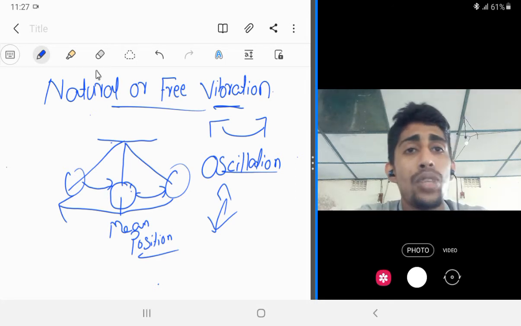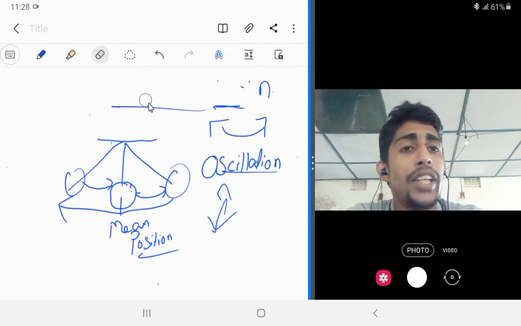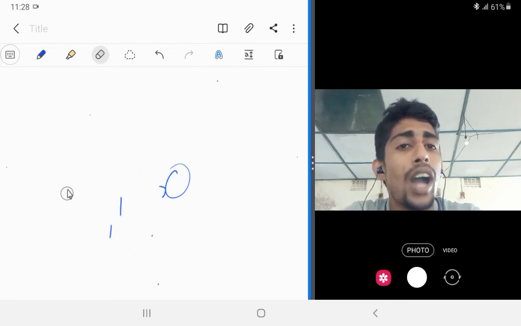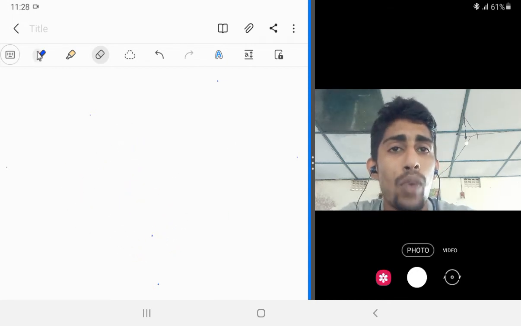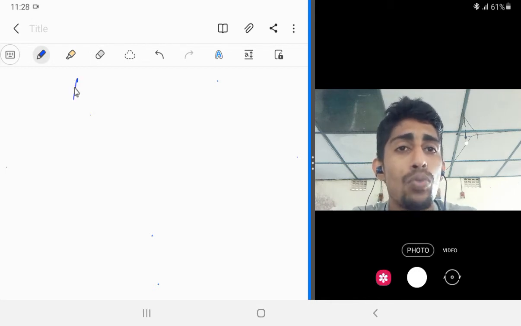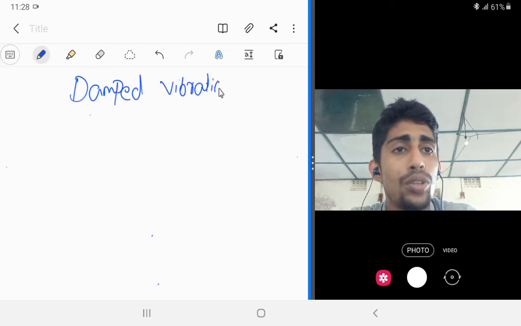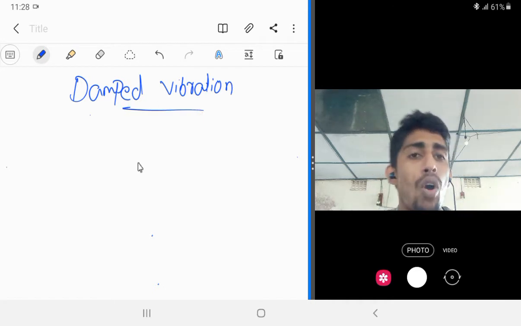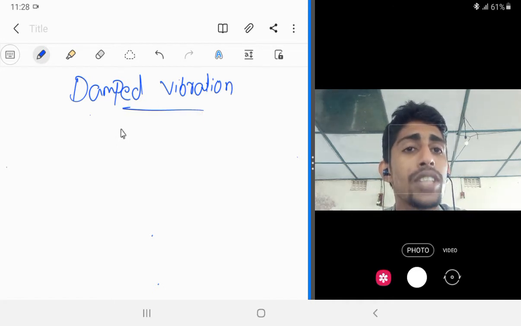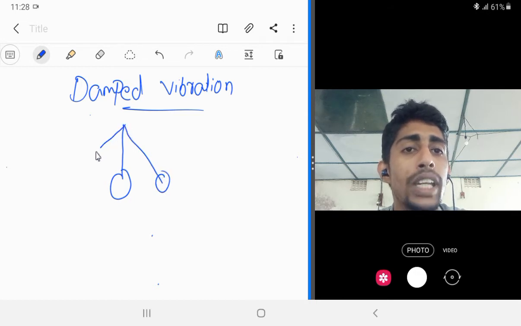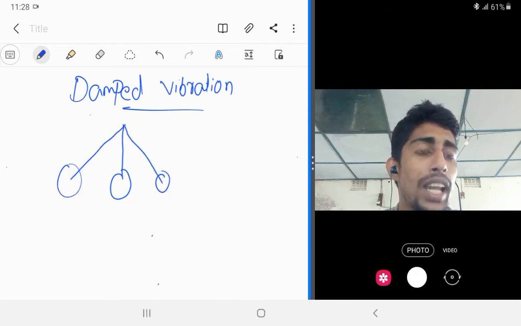Okay, then next one which we have to study, damped vibration. I told you about the natural vibration. Natural vibration means the vibrations won't stop. Then in our day-to-day life, due to the presence of resistive forces, the vibrations of the object will stop, or its vibrations will decrease.